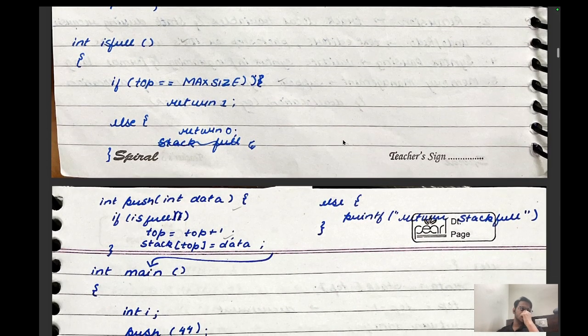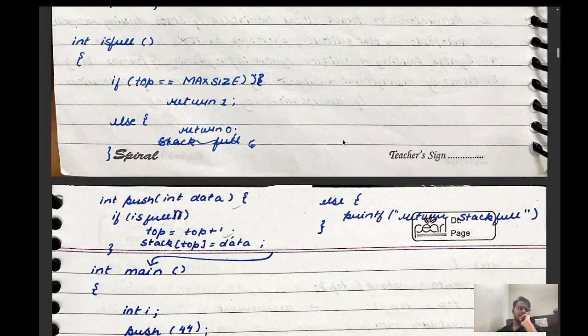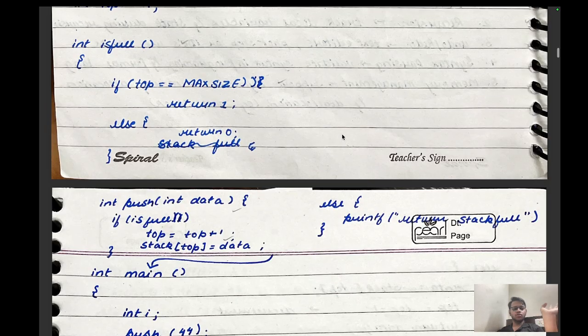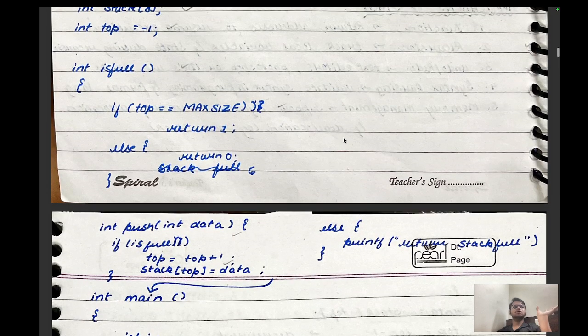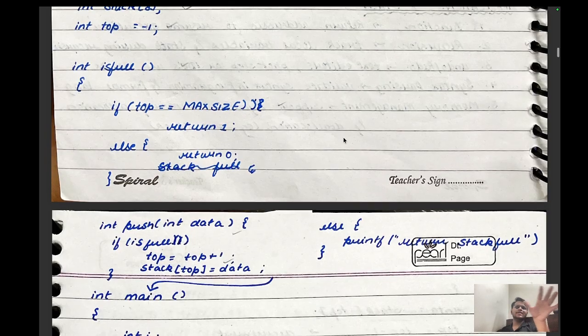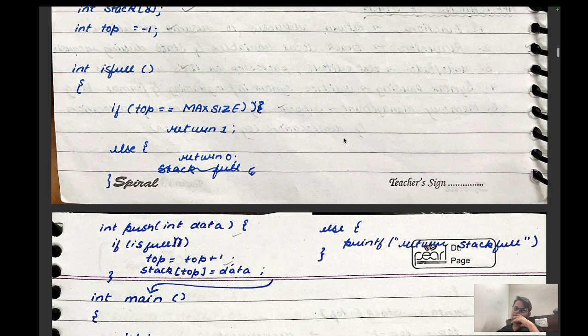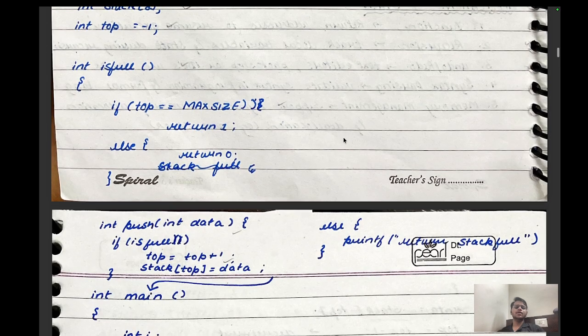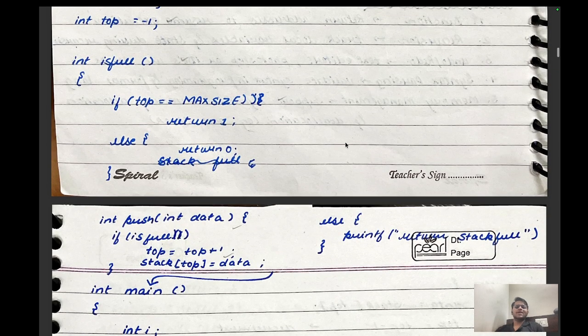For example, if top is equal to max size, meaning the topmost element in your stack is at the max size, then your stack is full and no more push operations can be performed on it. And you know that if something is full, you can't add anything into it.